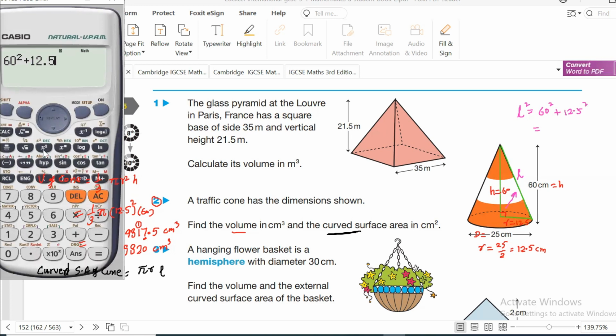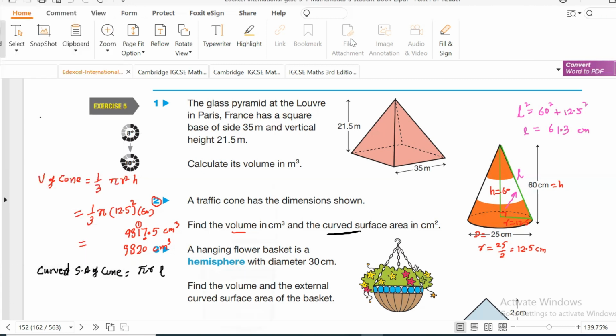Then take the square root of this, because we are looking only for L. I'm getting 61.3. We can say that L is equal to 61.3 centimeter.